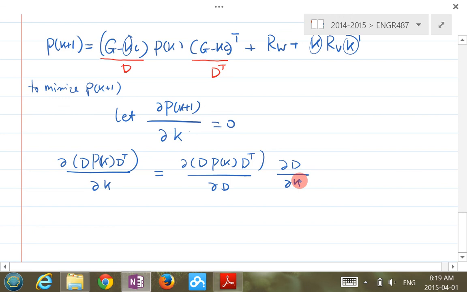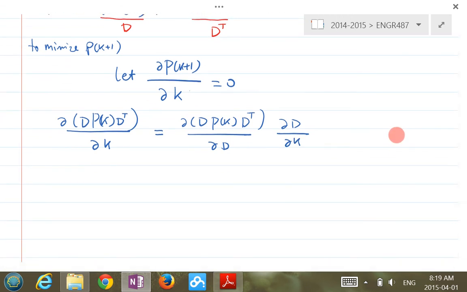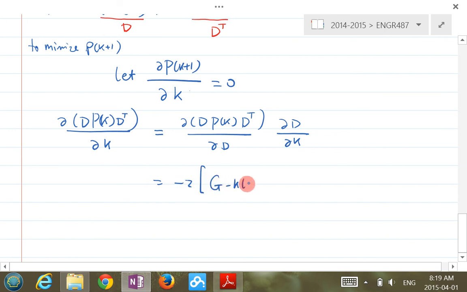So from here you get negative 2 G minus K C, P of k, C transpose. K itself is basically still there, I'm just neglecting the K. If you give enough number of steps, it will converge, but it'll take a few steps for K to converge to something.